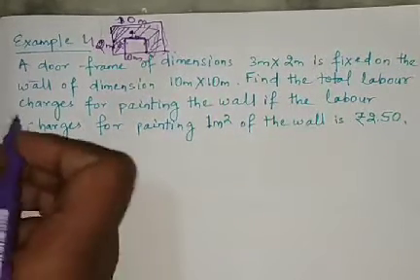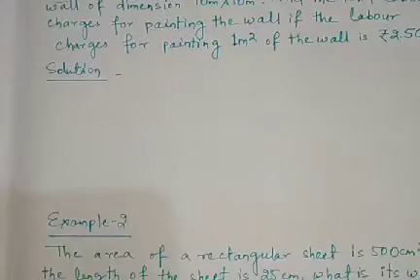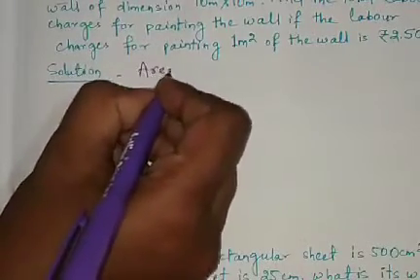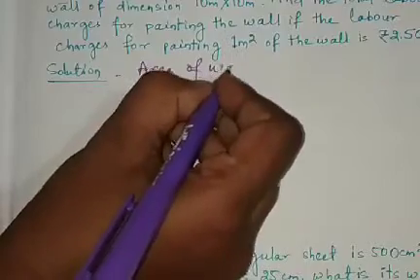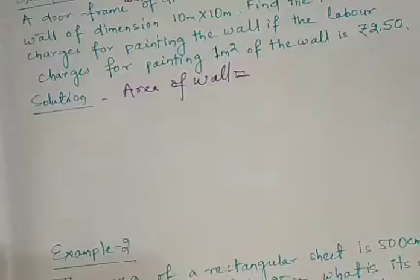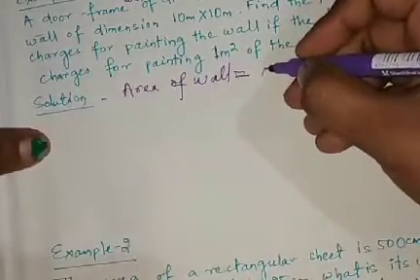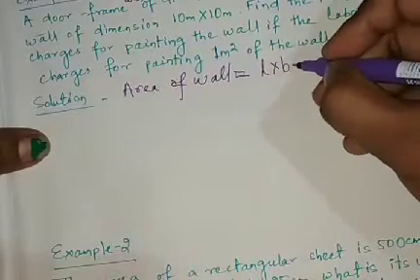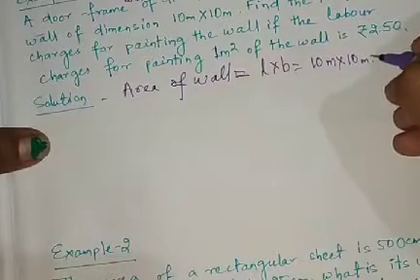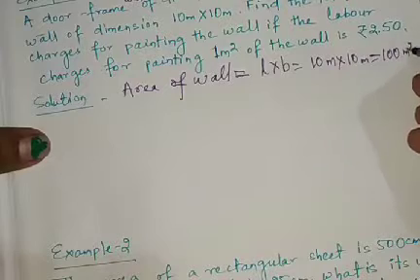First we will find the area of wall. Area of wall equals length into breadth. It is 10 meter into 10 meter equals 100 square meter.